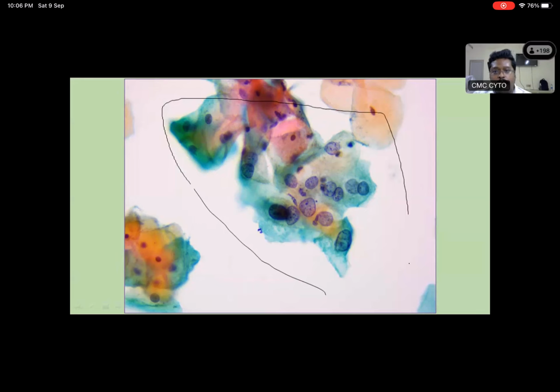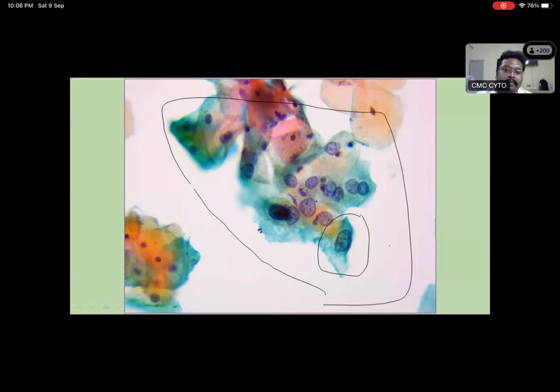Okay. Now I will point out the cells. You go one by one. Okay. So this cell. Sir, this is intermediate squamous epithelial cell, but it is having high NC ratio. Okay. And the chromatin is fine chromatin, and the nuclear membrane is a bit irregular. Okay.